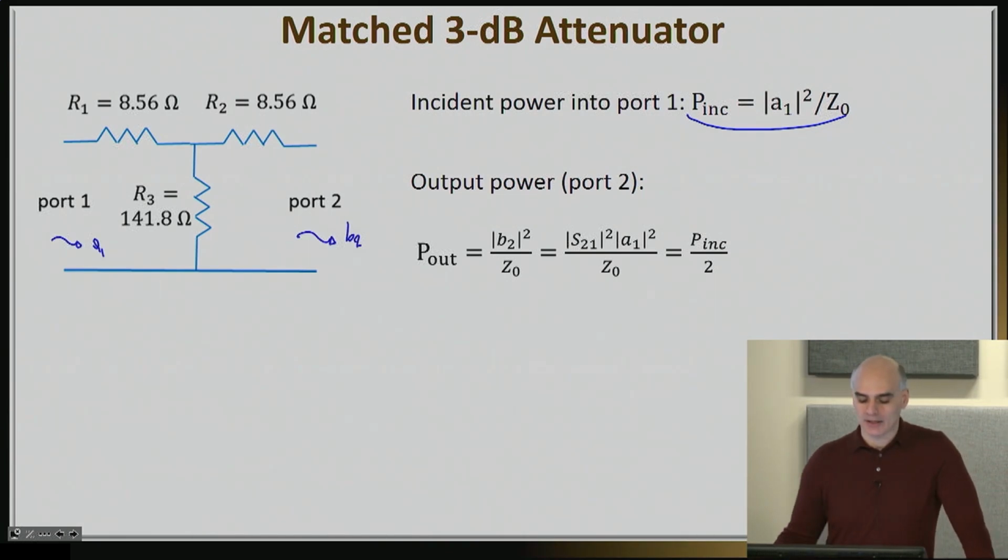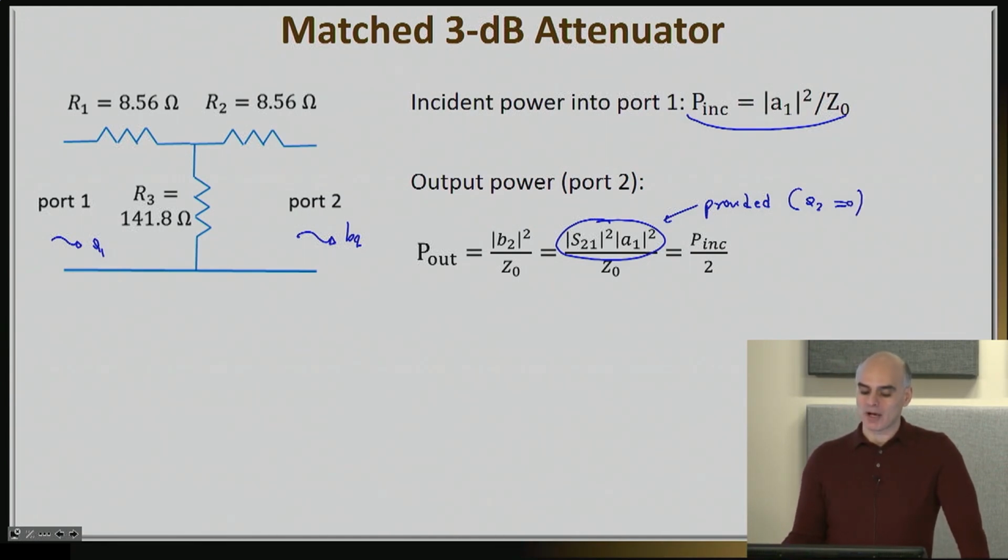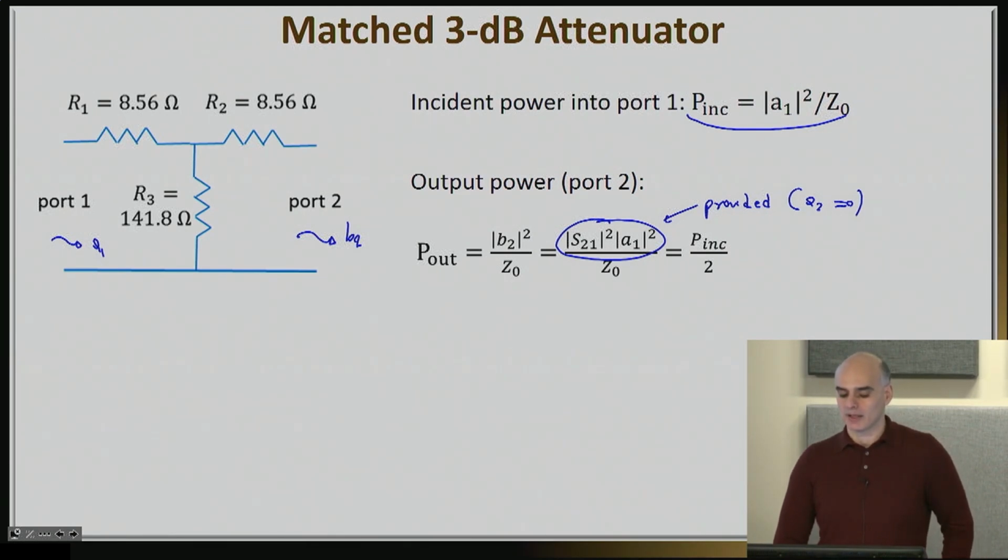Here's the A1 and the B2. The B2 is equal to S21 times A1, so B2 squared is S21 squared times A1 squared. That is true, of course, provided that my port number 2 is terminated to its own characteristic impedance, so provided my A2 is equal to 0, which now that I know my S21 to be equal to 0.707, the result will be equal to incident power divided by 2.